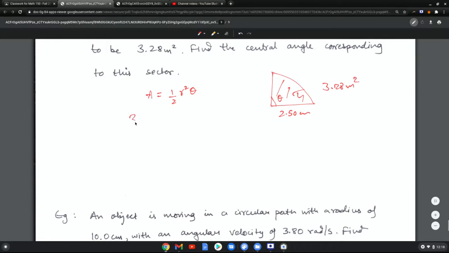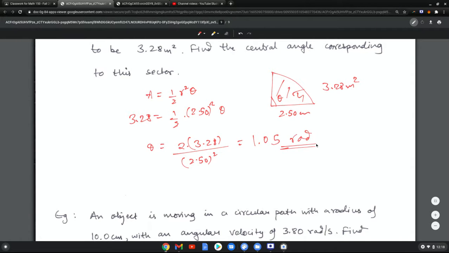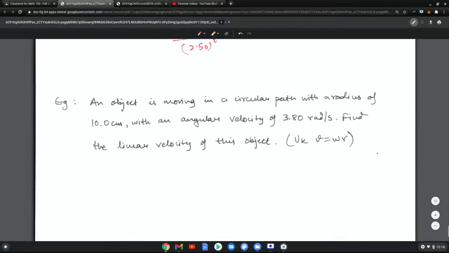So in this case, we know this is 3.28. This is 1/2 times 2.50 squared times theta. So theta is 2 times 3.28 over 2.50 squared, which comes out to 2 times 3.28 divided by 2.5 divided by 2.5. That's 1.05, and again important that you put radians because it's not in degrees.